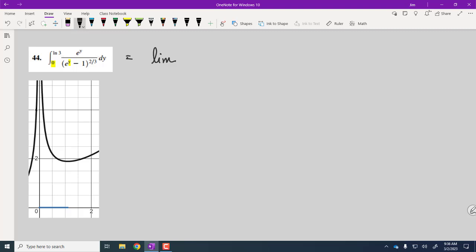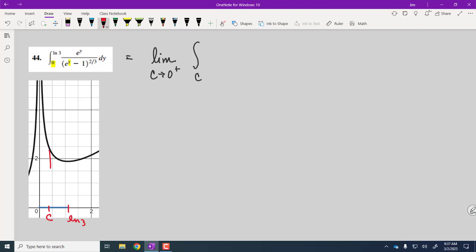We convert to a limit, the limit of a definite integral. So we're going to approach c from the right-hand side, because we're moving left. Our c value we're imagining down here is going to approach 0. And here's our right endpoint, which is natural log of 3.